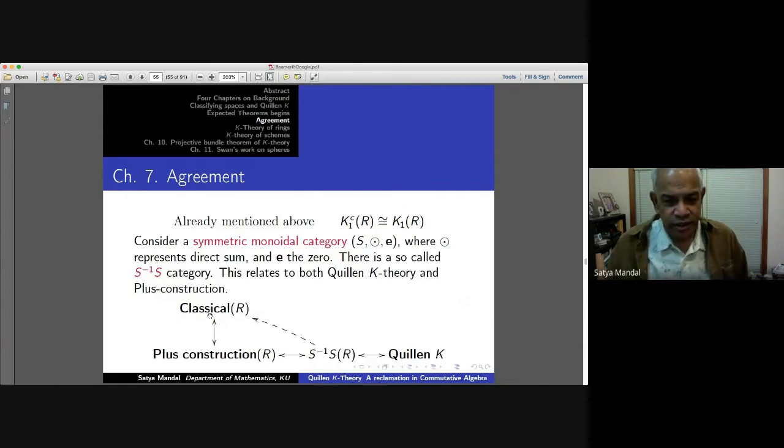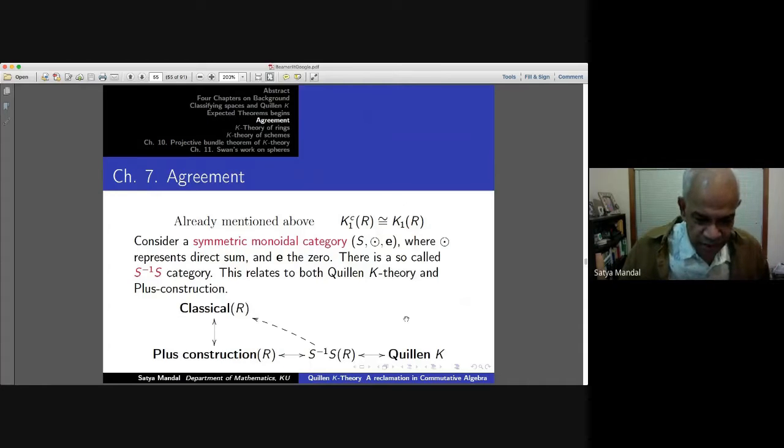Now nobody had time to check that you can give a direct proof. All the literature says you just go to the plus construction, and this involves homology theory. And I entirely avoided homology theory. Although homology theory will be the first course in algebraic K-theory, somehow that's not what is needed.